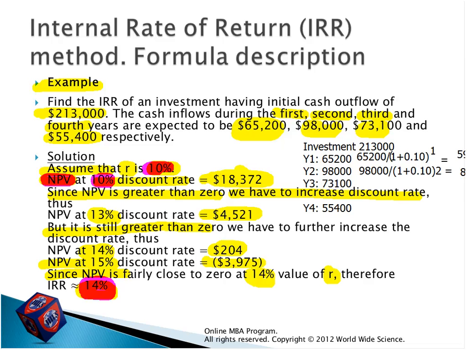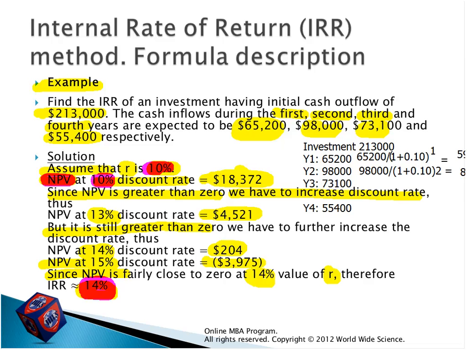So, I already found that the present value for the second year is equal to 80,992 based on the formula. And you should remember that we have powers. Do not make a mistake.